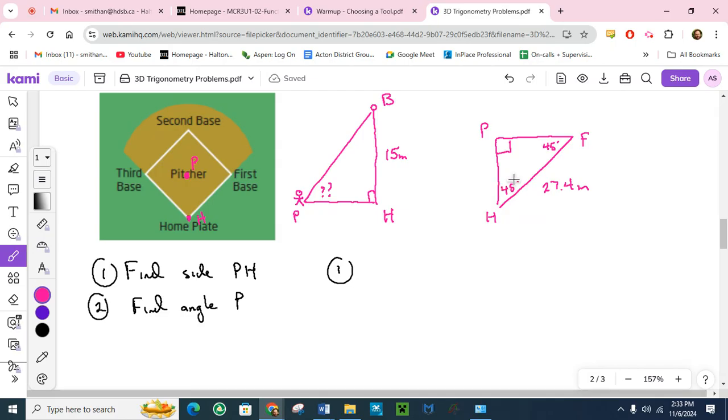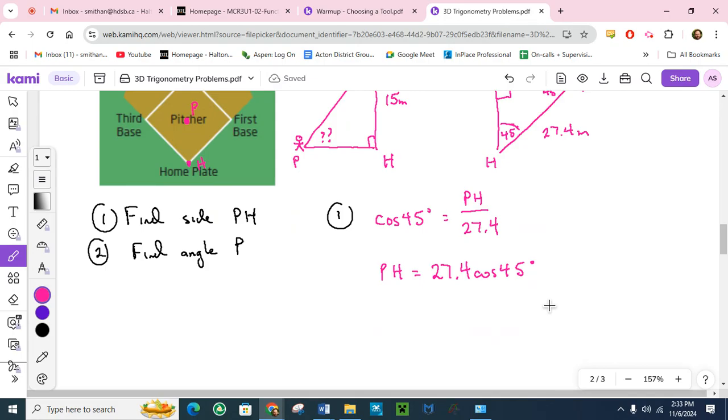You have all the angles here, but if I dial in just on this one, we're going to use the cosine of 45 degrees equals PH over 27.4. You could have done sine as well, would give the same result. But as I said, we're just in SOHCAHTOA mode now, just like back in grade 10. 27.4 cos 45. PH equals about 19.4. You guys get 19.4 meters?